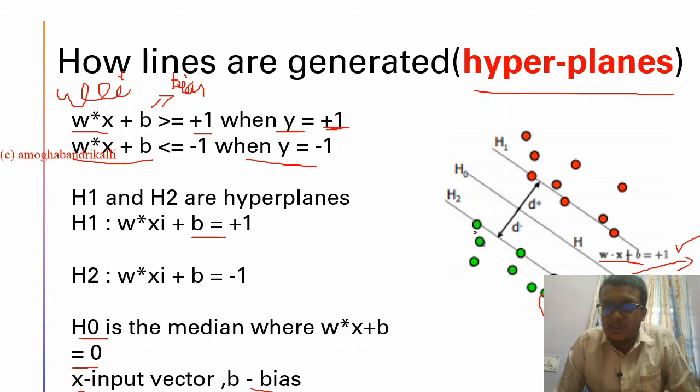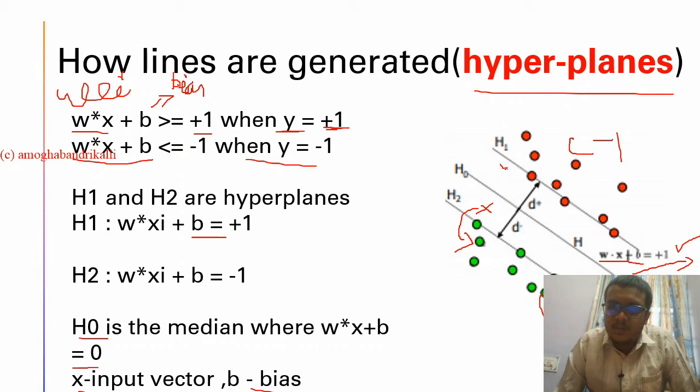See, if you are choosing this hyperplane, and the new data is available here, it belongs to class 2. But due to the selection of the hyperplane here, it will make a wrong selection, saying it belongs to class 1.